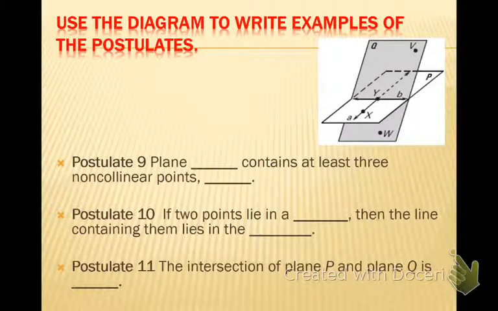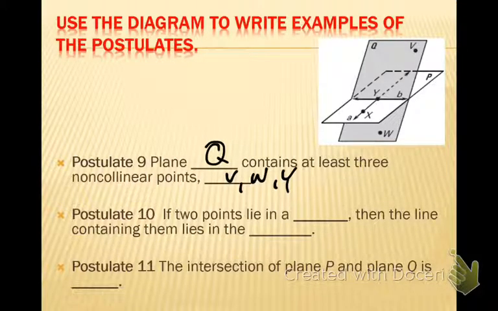Postulate 9, example from the diagram of postulate 9, plane what? Q contains at least 3 non-collinear points, which are V, W, and Y. Makes sense. Okay, so plane Q contains at least 3 non-collinear, V, W, and Y.